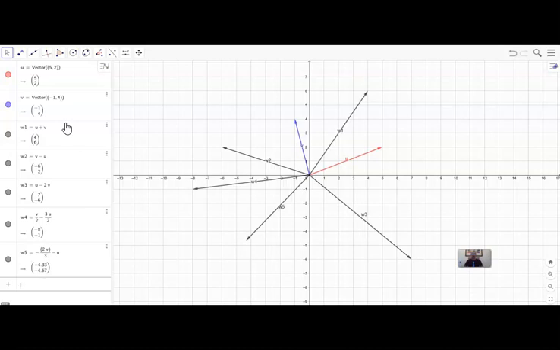So there will be arrows pointing almost everywhere. So that makes us wonder, well, is it possible that maybe if you want any vector in R2, any arrow in R2, is it possible to create that arrow as a linear combination of u and v? So let's think about that question.